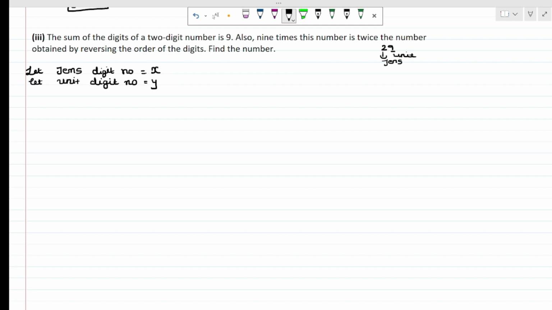Whenever you are doing a sum with tens and unit digits, you need to memorize one formula of the original number, where your original number will always equal 10x plus y. Now you will ask, how did you form this 10x plus y?